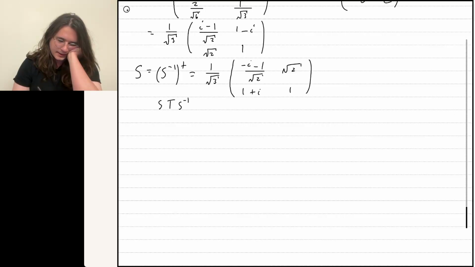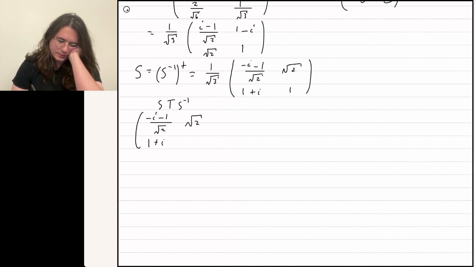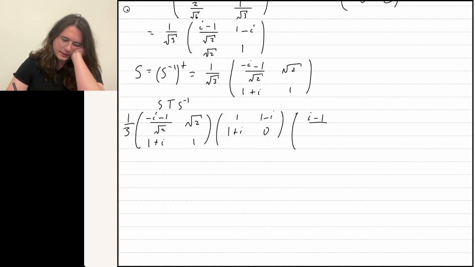So we've got minus 1 minus i over root 2, 1 plus i root 2, 1. It's all going to be multiplied by a factor of 1 over 3. And then we've got the matrix that is T, so it's just 1, 1 plus i, 1 minus i, 0. And then times the S inverse matrix, which was i minus 1 over root 2, 1 minus i, root 2, 1.